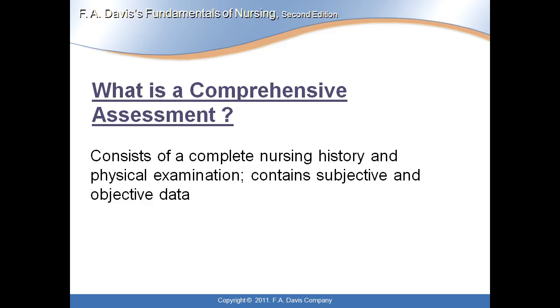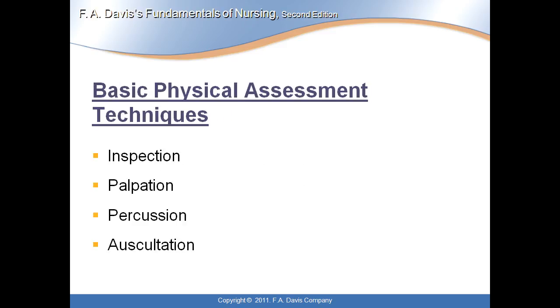Objective data is what you see. Basic physical assessment techniques that you should be familiar with from your previous classes include inspection, which involves looking, smelling, as examples, palpation, touching, percussion, and auscultation.